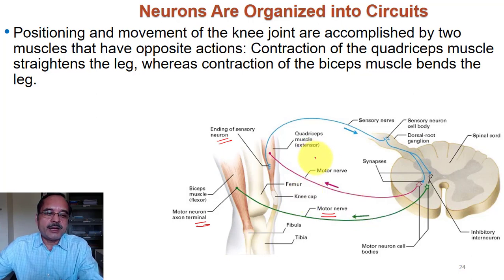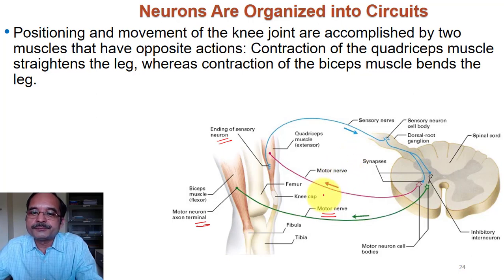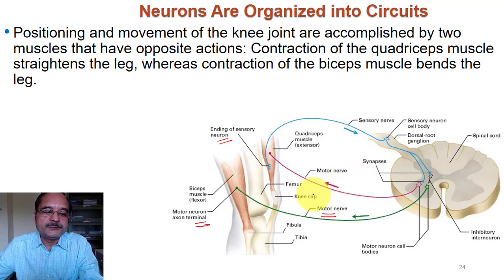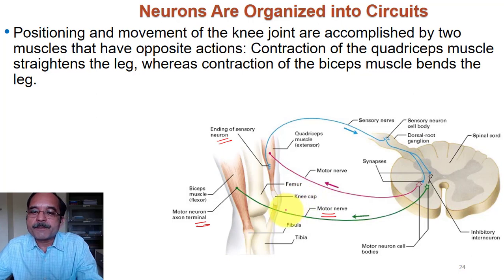As you can see in this figure, the positioning and movement of the knee joint are accomplished by two muscles that have opposite actions.